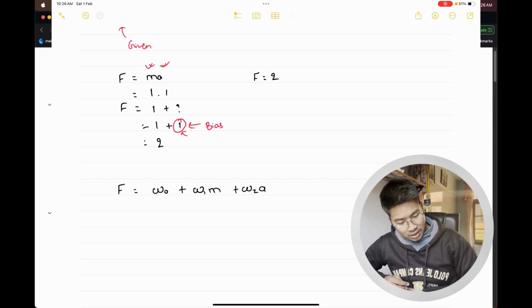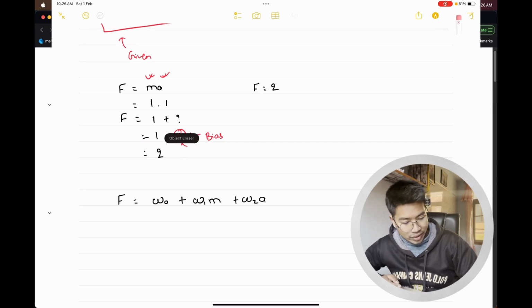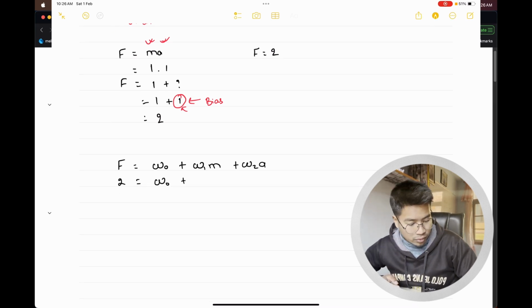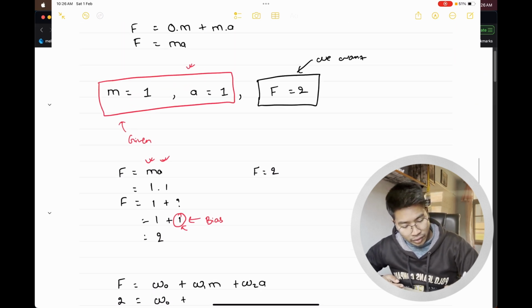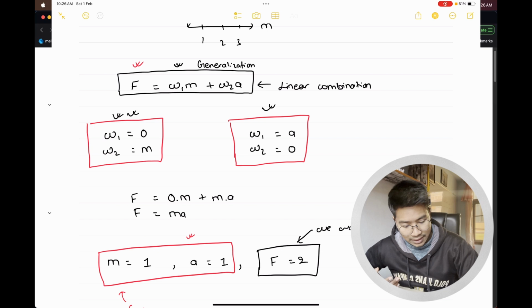And we can do the same thing over here, the computation of this bias in this equation as well. So what we are expecting is our force should be 2, right? We don't know what that is. So what are w1 and w2? We already know that for this case and this case it's going to be true. So let's just take this case.